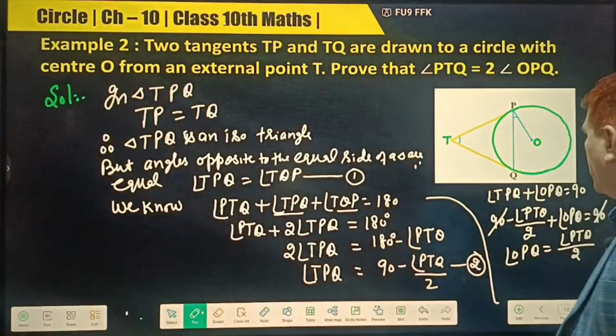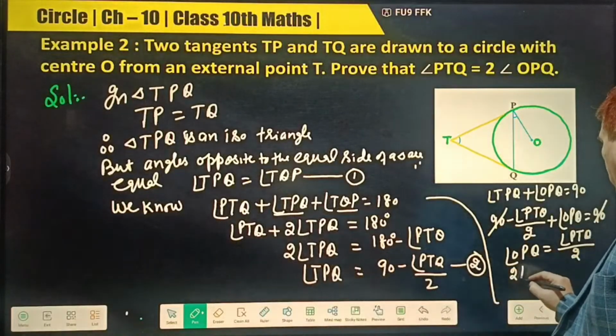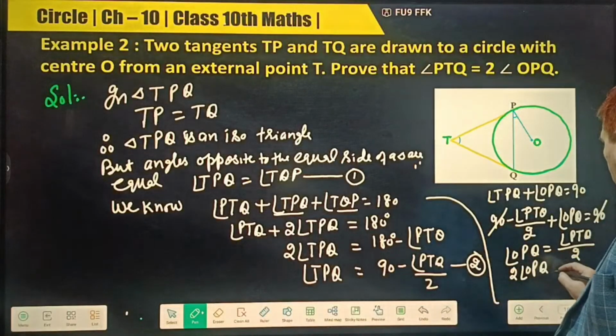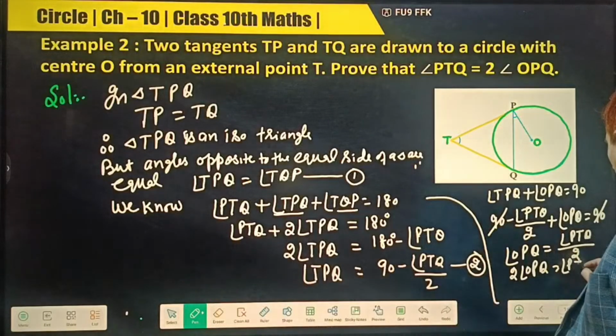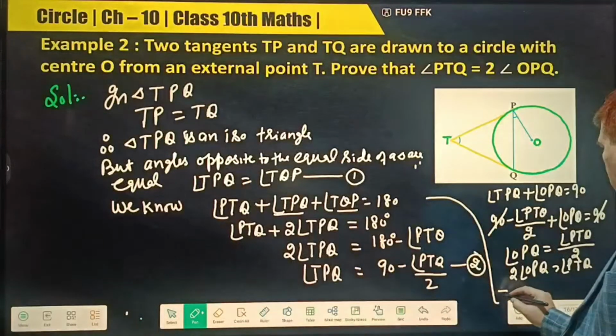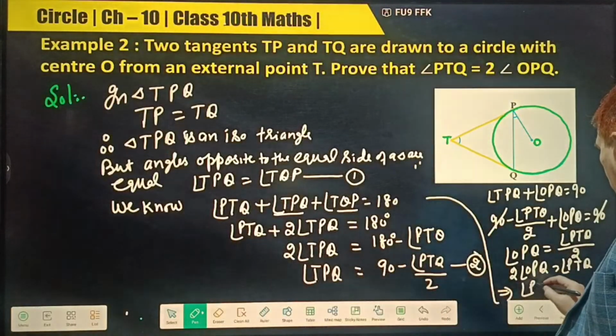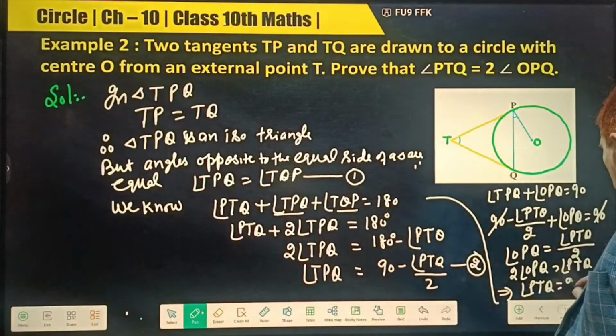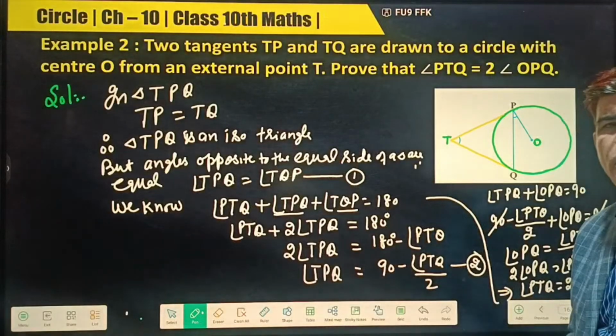Transfer 2 to that side. So twice angle OPQ is equal to angle PTQ. So what can we say? Angle PTQ is equal to twice angle OPQ. Hence the result which we get.